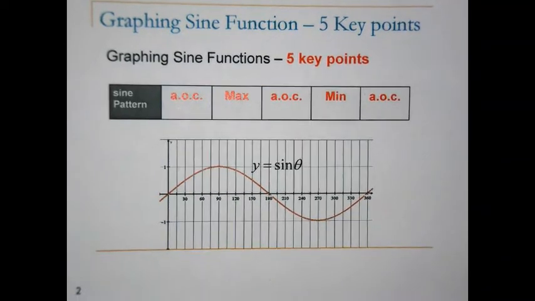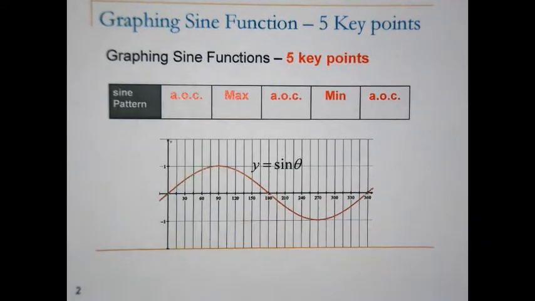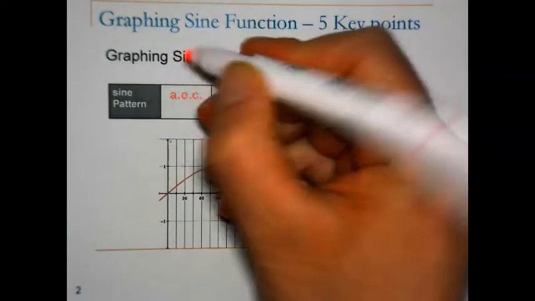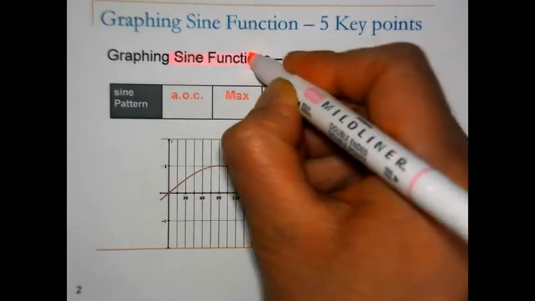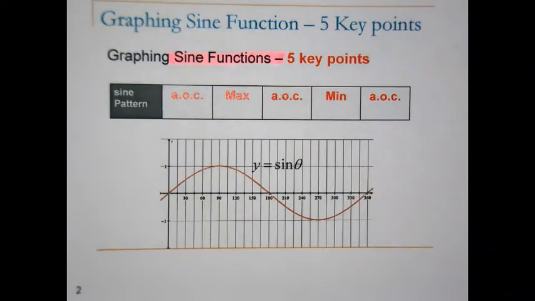I've talked about this before, but now it is very important to revisit this concept. We are looking at a sine and cosine function, and in order to graph them, there are 5 key points that we have to graph.